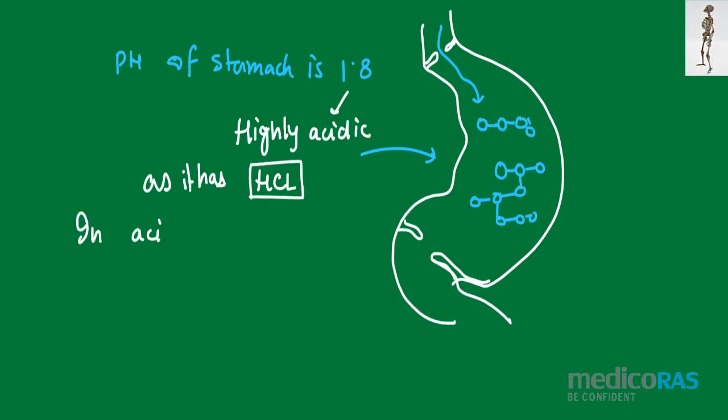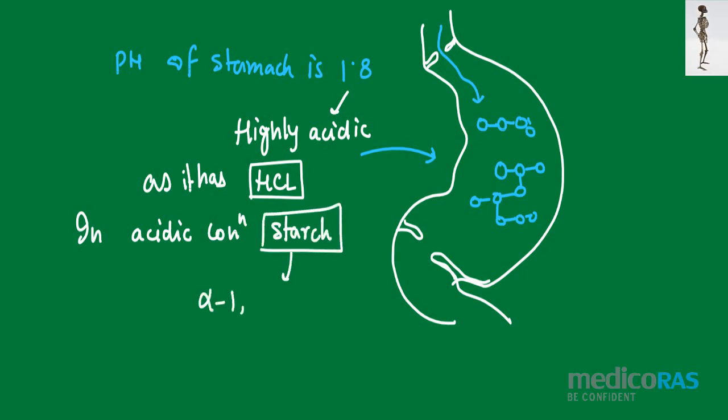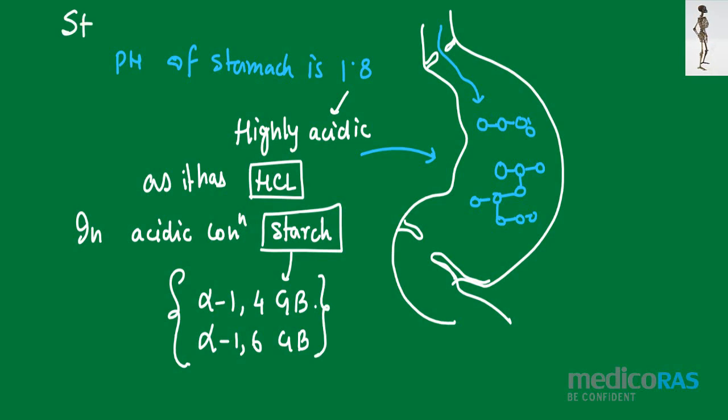Please remember, in acidic conditions starch is unable to digest. That means we can't break the alpha 1,4 glycosidic bond, nor the alpha 1,6 glycosidic bond. So both bonds are unable to be digested in this region. So in the stomach, there is no digestion of starch.